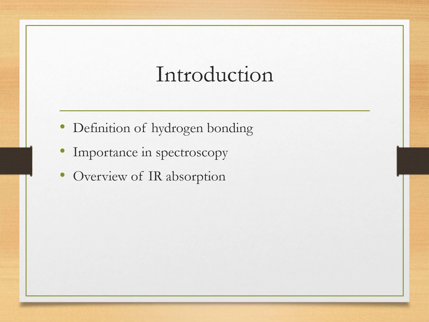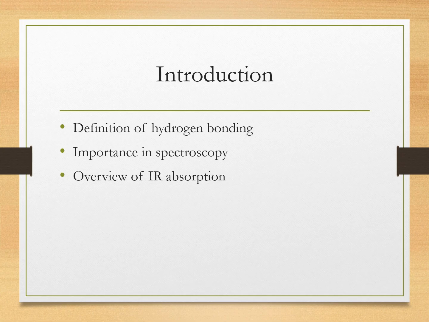Let's begin with a basic introduction. Hydrogen bonding is a special type of intermolecular attraction between a hydrogen atom bonded to an electronegative atom like oxygen, nitrogen or fluorine and a lone pair on another electronegative atom.